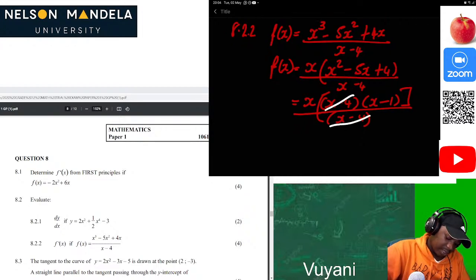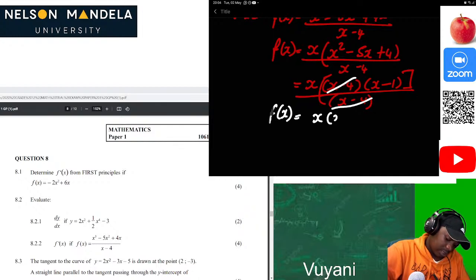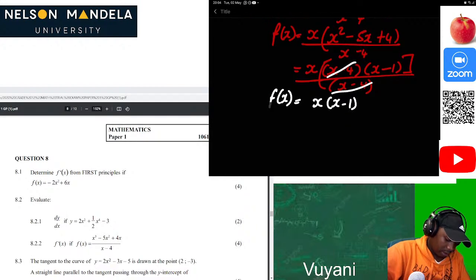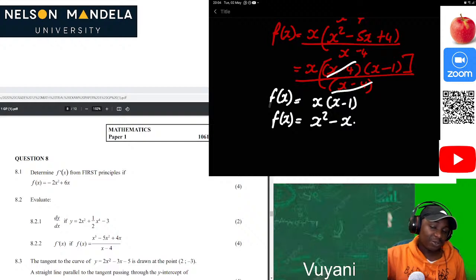Great. Now we can see that this one and this one cancel. Then we are left with f of x is equal to x times x minus 1, which is the same as f of x is equal to x squared minus x. Now we can apply our differential rule. This is the power rule.